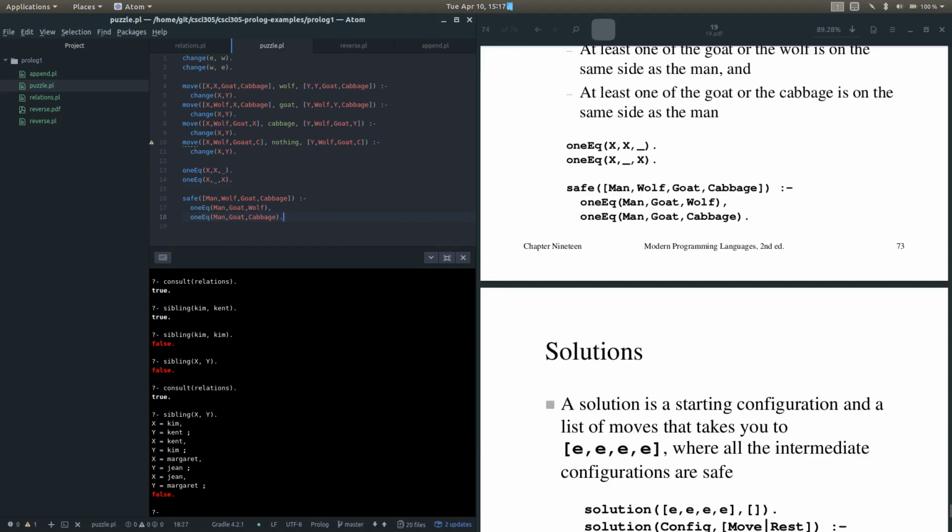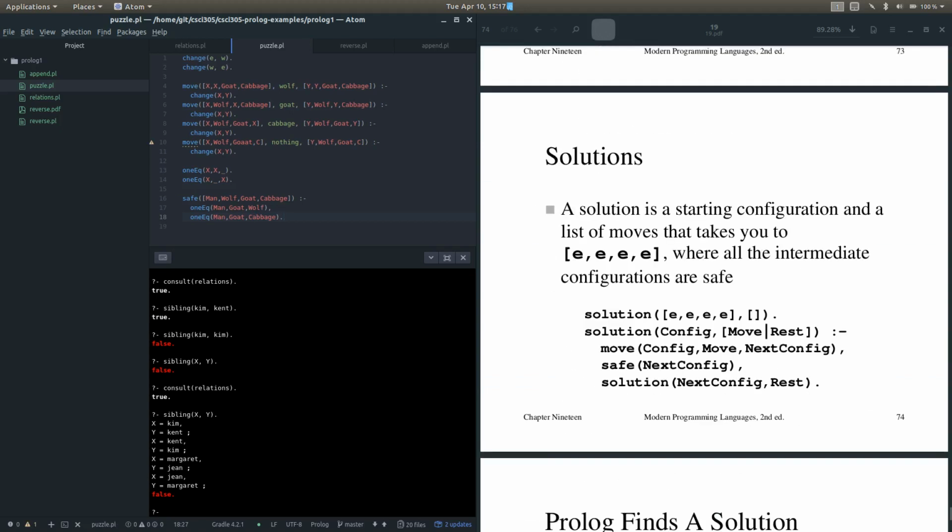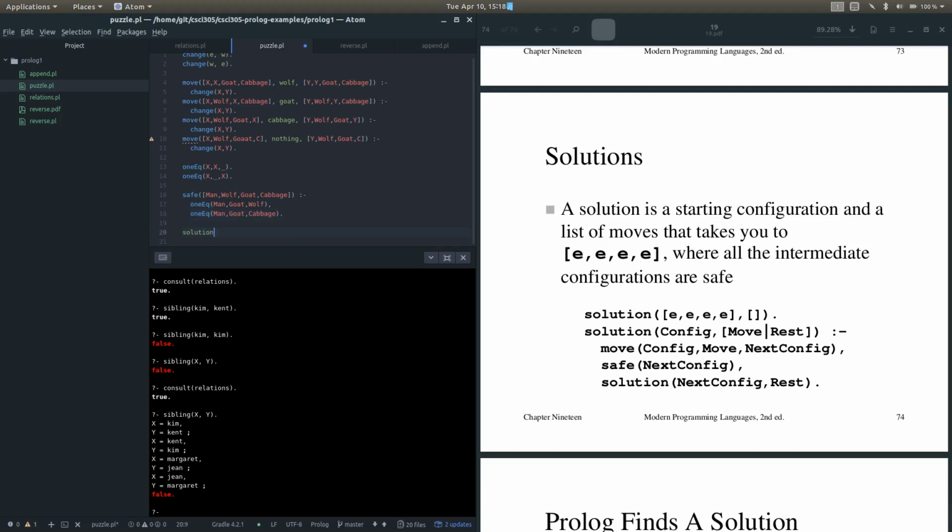Let me come down here. So the solution, right? A solution is a starting configuration and a list of moves that takes you to EEEE, where all the intermediate configurations are safe. So let's define a solution. Given the empty list, right?